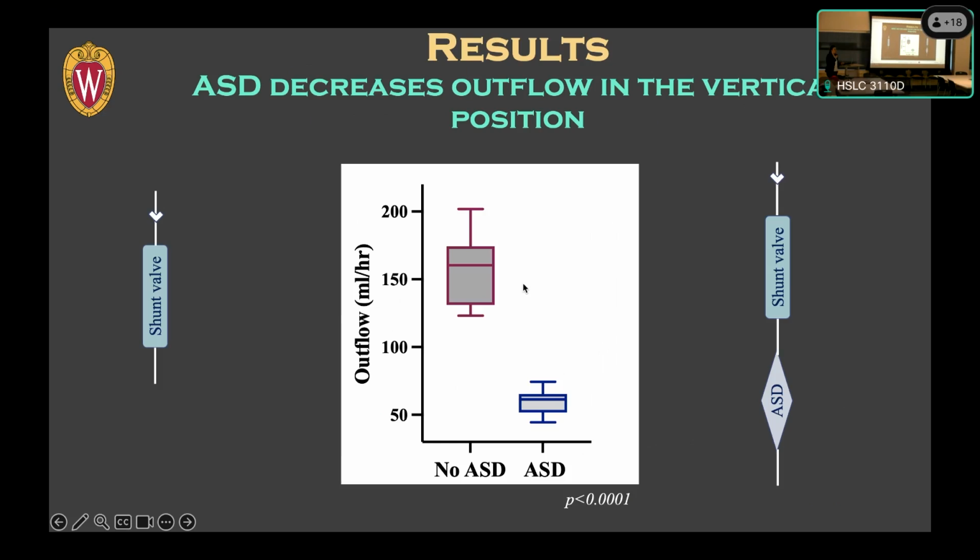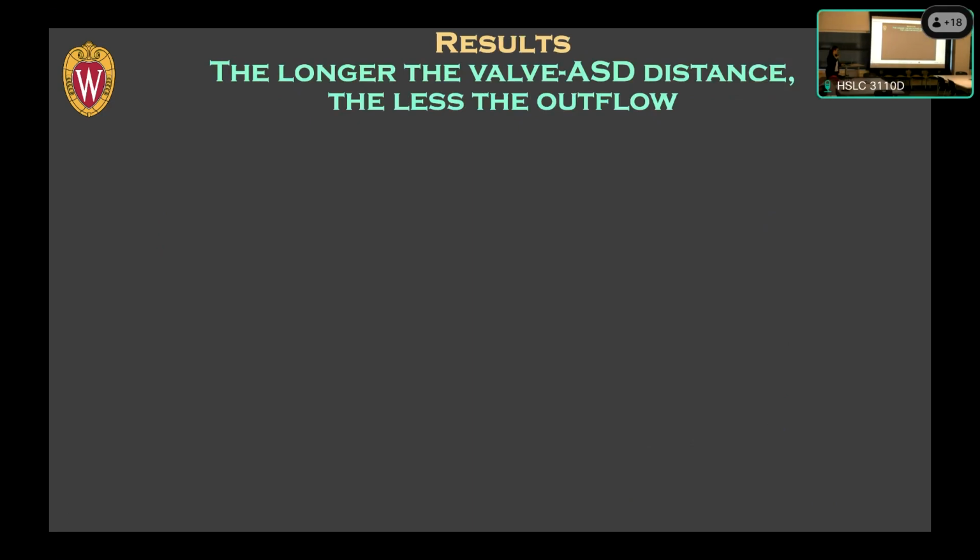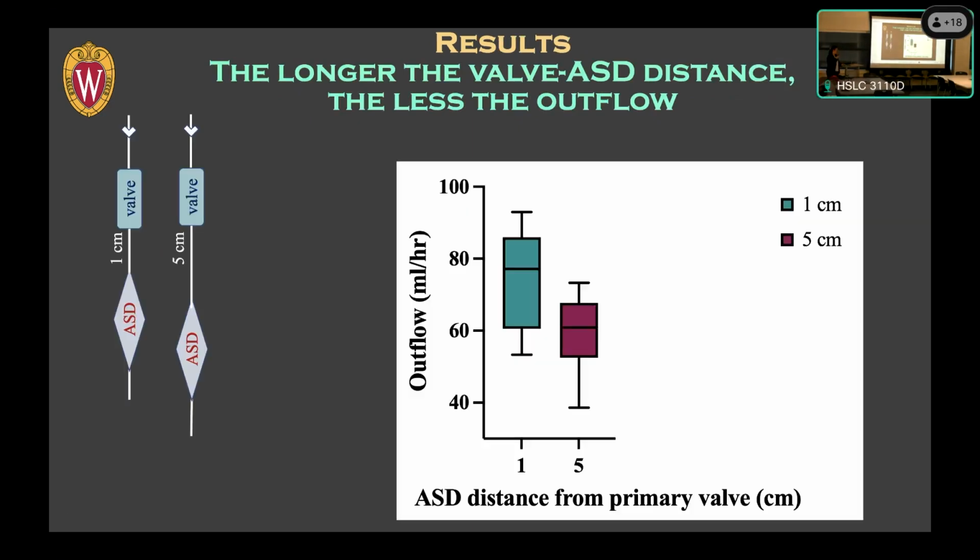And now we ask, what is the optimal position? How far apart should these 2 valves be for the best function or result? So we added the second valve at various distances, starting at 1 centimeter and 5 centimeters from the first valve.